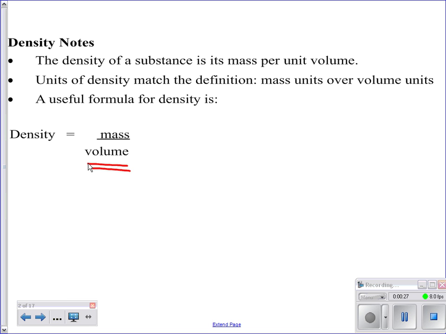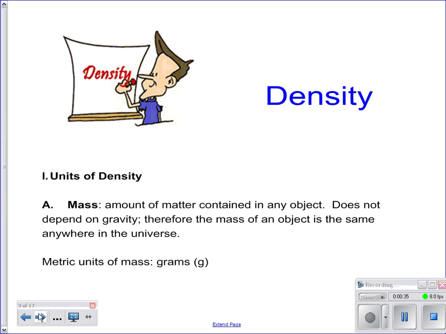So we can think about some units that would be used with density. We want to stick with dimensional analysis when we start doing these calculations. You don't have this in your notes, but let's go through the idea of what our units are. When we start talking about mass, remember that mass is just how much matter is contained in any object, so how much stuff there is inside of it.